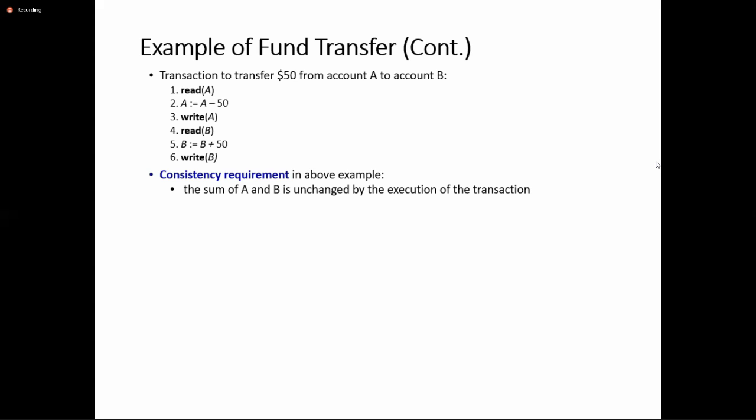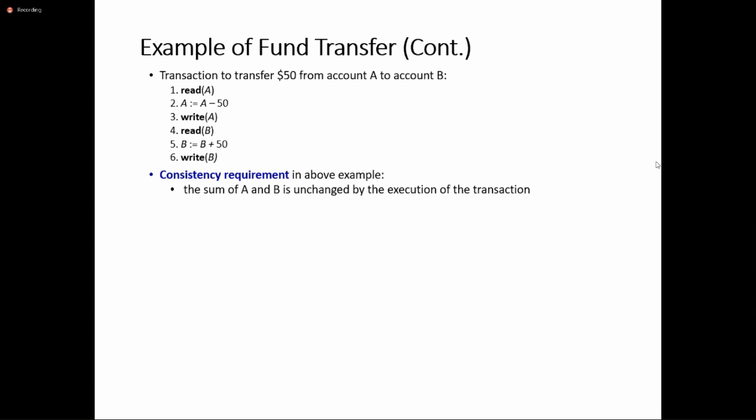Because we transfer funds from one account to another account, the total amount of both accounts is unchanged. Unchanged means equal. First check the sum of A and B, how much; then after the transaction, how much A and B. That's the consistency requirement. The database does that too. This is one example, the fund transfer.